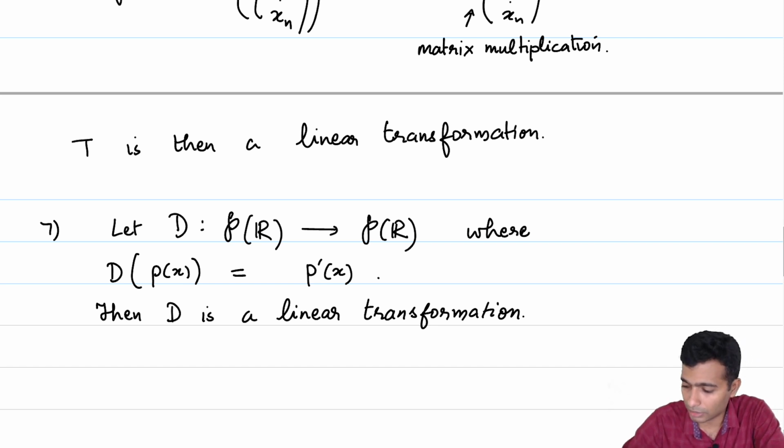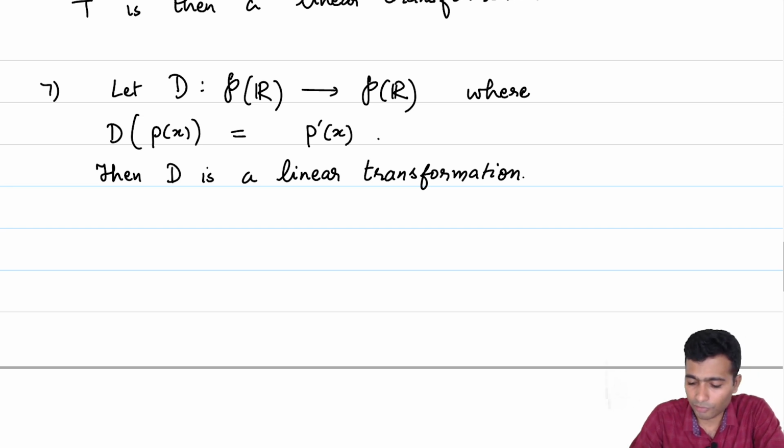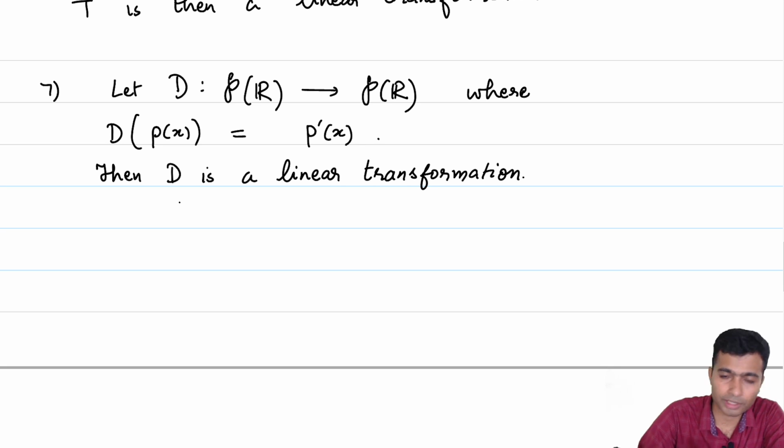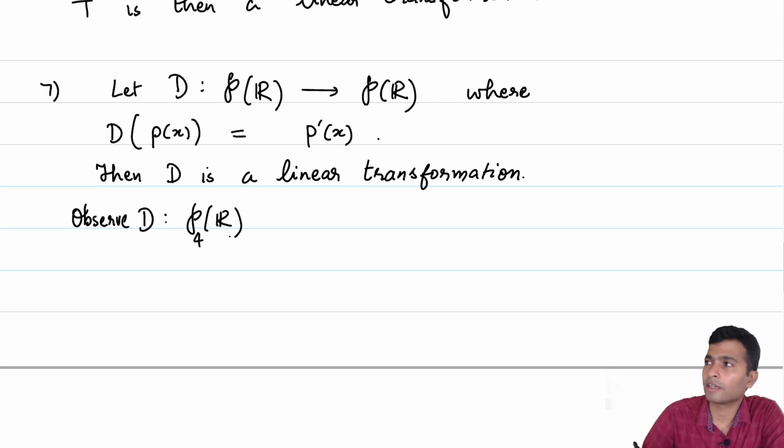Note that this is certainly a map from P of R to itself, but we could also think of D restricted to say P5 of R or P4 of R. Observe that if you take a degree 4 polynomial and look at its derivative, you will end up with a degree 3 polynomial.